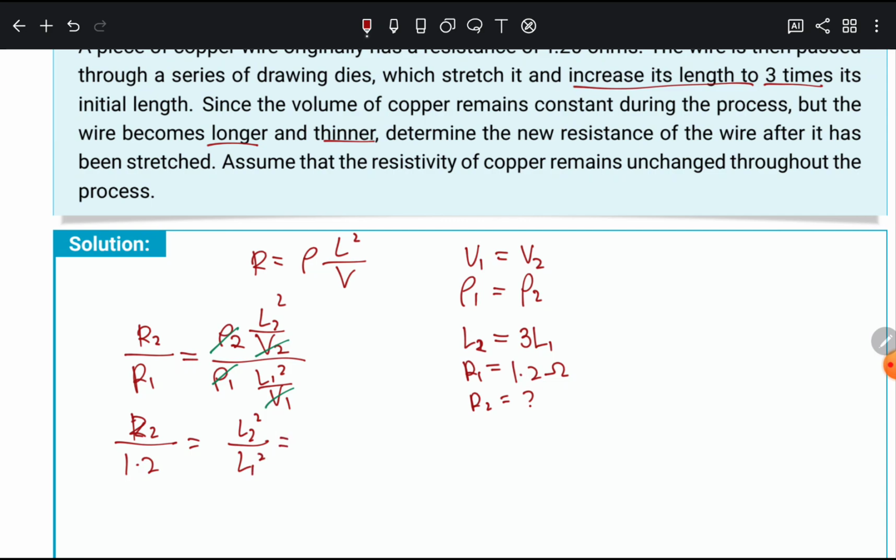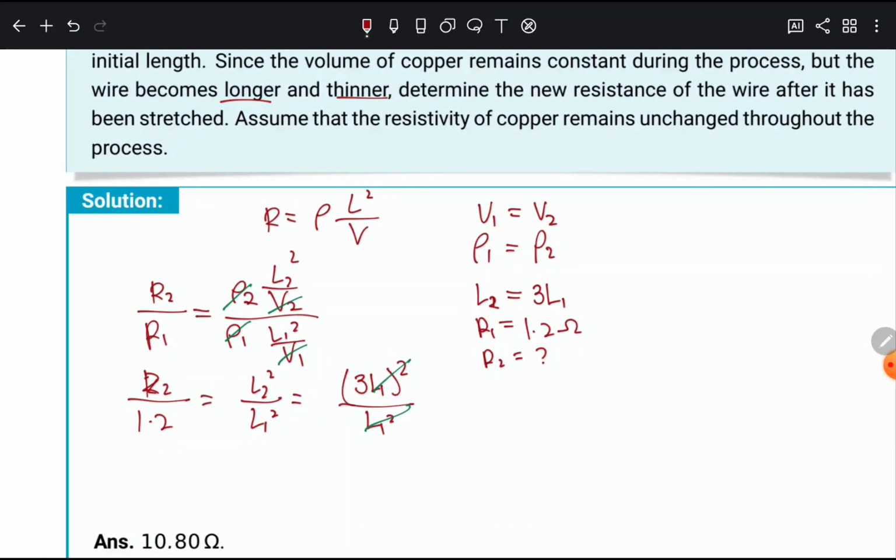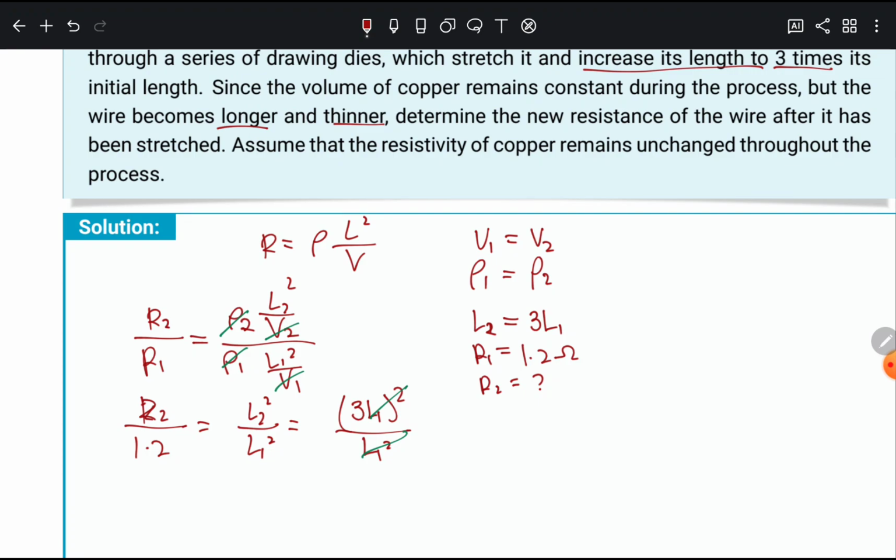But we have a relationship between L2 and L1. We know that L2 is just 3 times L1, and we square that and divide by L1 squared, so that we can cancel out our L1 squared. The remaining term here will be just 3 squared.